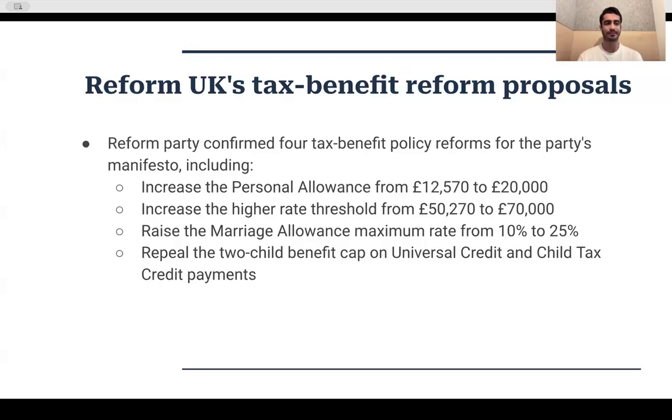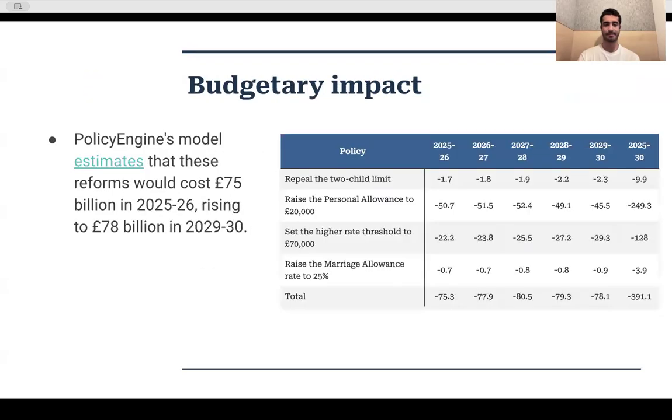We have a blog post on that, where we mention all of the effects of the policy reforms they proposed, and you can check that blog post. Here, I put the budgetary impact over five years for these policy reforms one by one, and also the total.